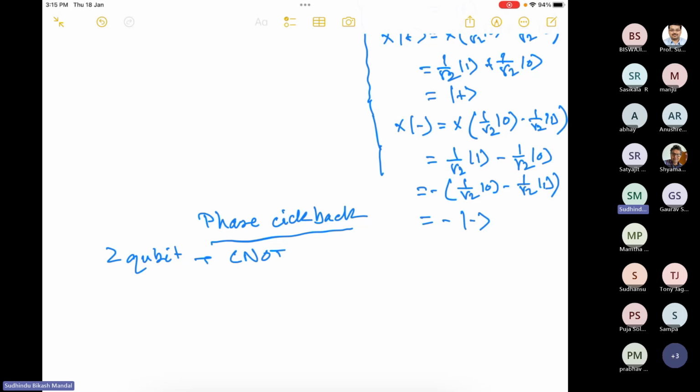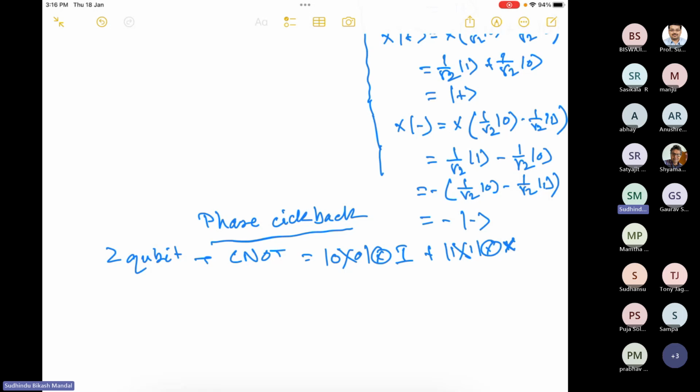Mathematically, we can express the CNOT as, tensor, I think all of you are familiar with this tensor product, so I'm not explaining this, and this is identity plus, tensor with X. This one is the X operator. This is the mathematical expression of our CNOT gate, and from this mathematical expression you can very easily construct this CNOT gate.